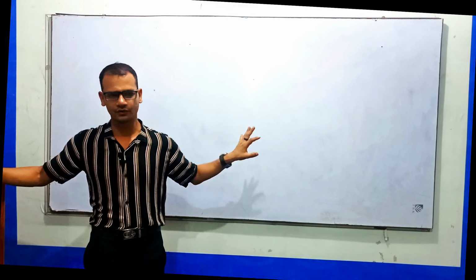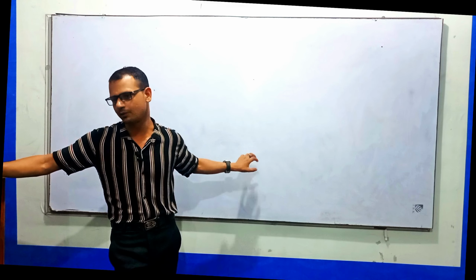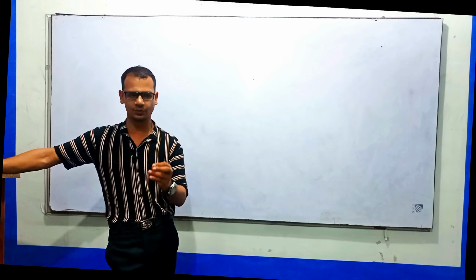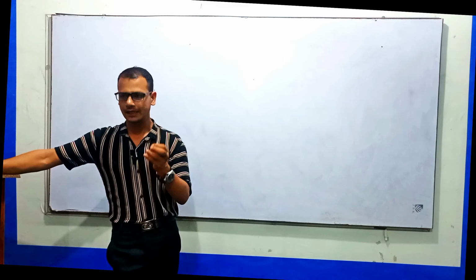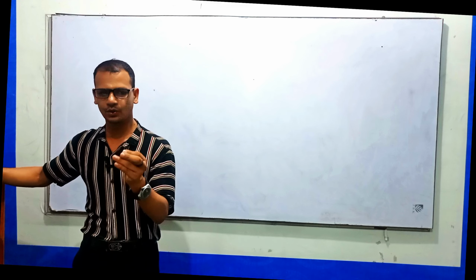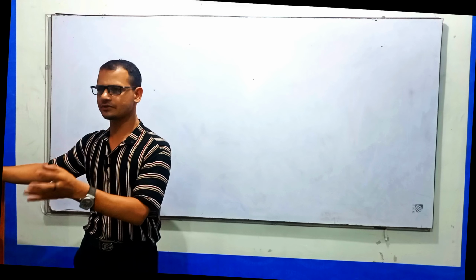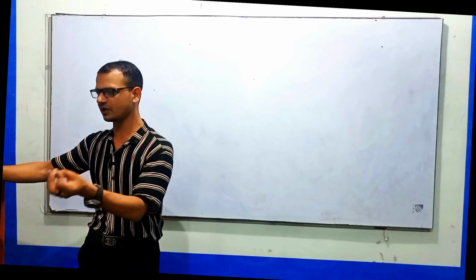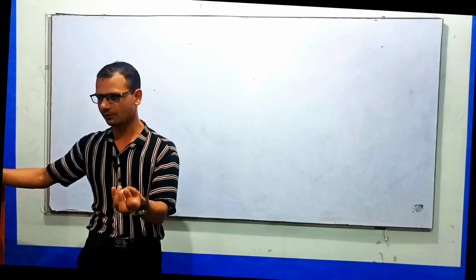Now today we will go for the metabolism of carbohydrates, which is the first topic in your curriculum. In this topic we will discuss carbohydrate metabolism, meaning glucose metabolism, as well as fructose, mannose and maltose metabolism.